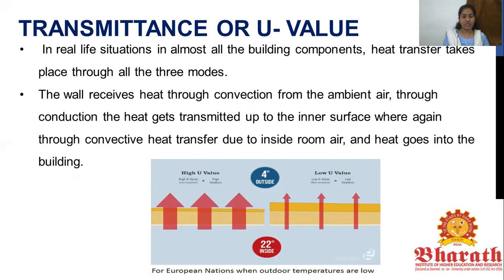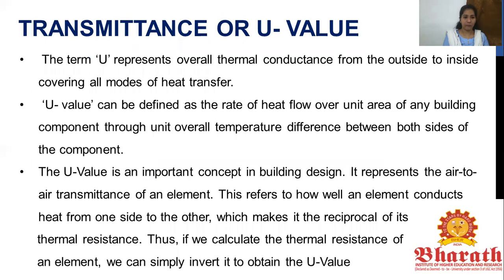In real life situations, in almost all building components, the heat transfer usually takes place through three modes. The wall receives heat through convection from the ambient air. Then through conduction, the heat gets transmitted to the inner surface, where again convective heat transfer occurs due to the inside air, and heat goes into the building.